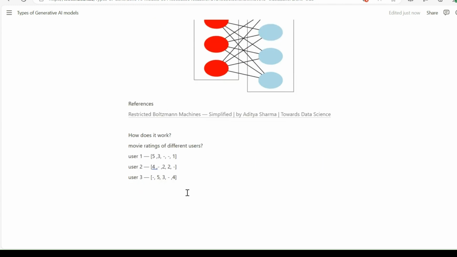So what are the uses of RBM? It is used in recommendation systems, and it's used in feature extraction and dimensionality reduction. These are the places where RBMs can be used.